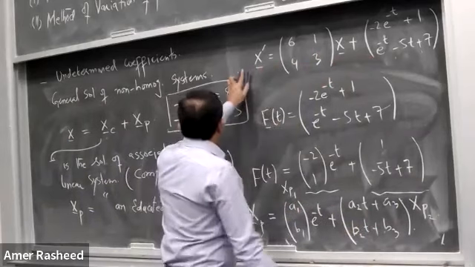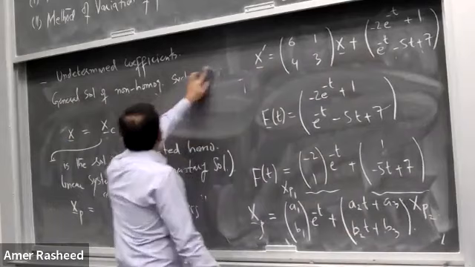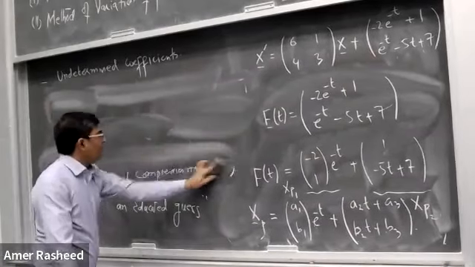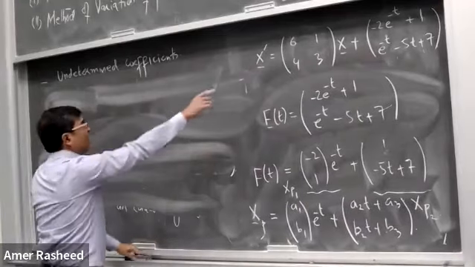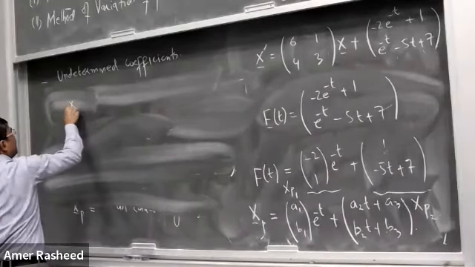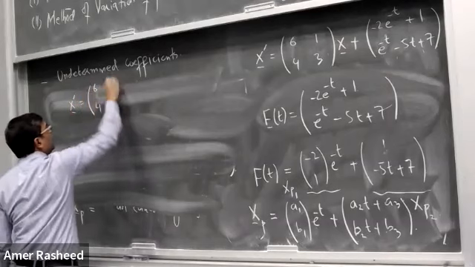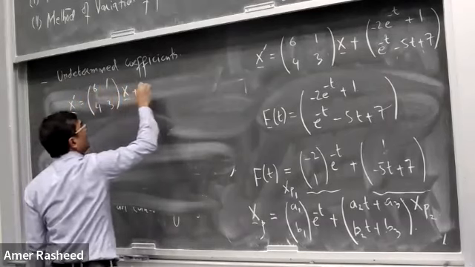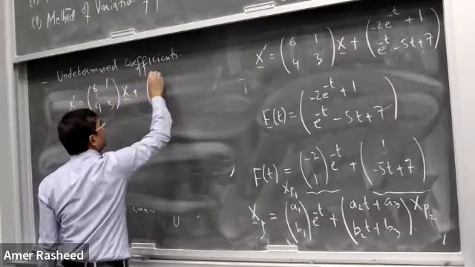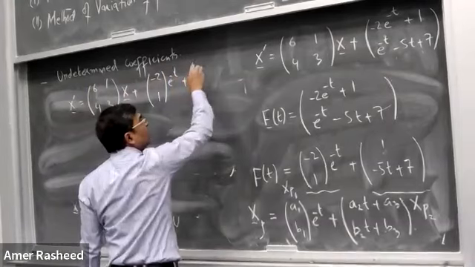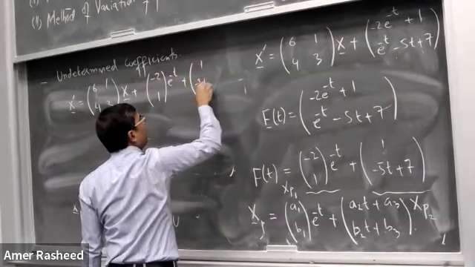What does it mean here? Let me explain a little bit more. You split this given system into two systems. X dash is equal to [6, 1; 4, 3] times x plus [-2, 1] e raised to the power minus t, plus [1, -5] t plus 7.